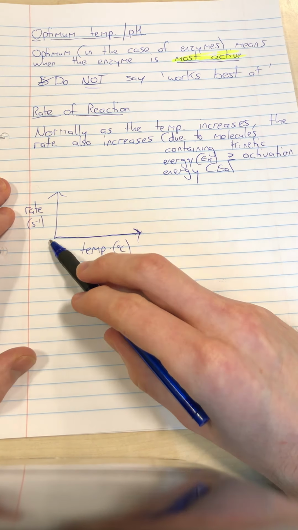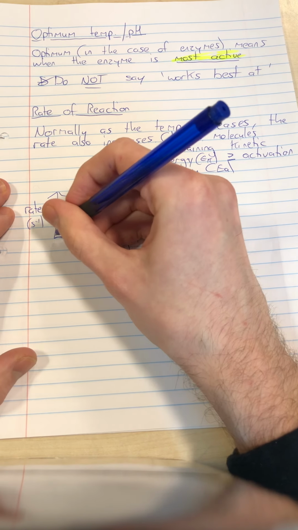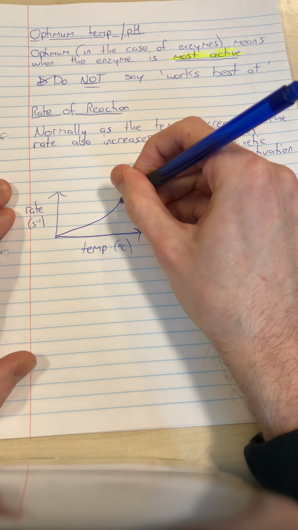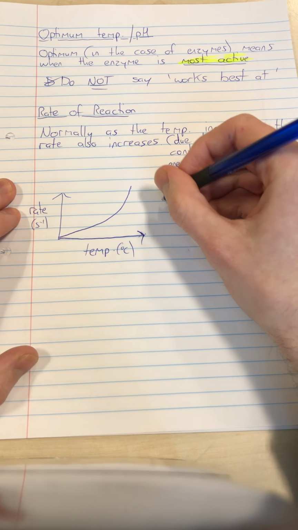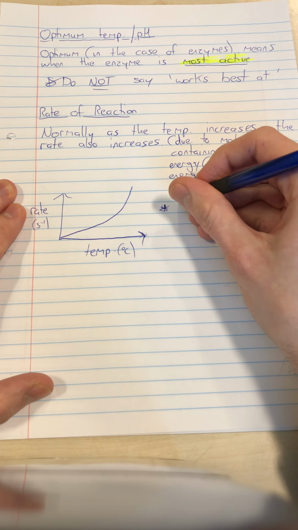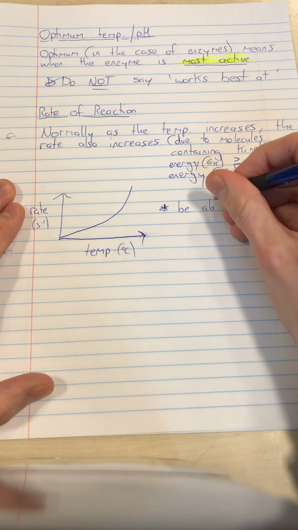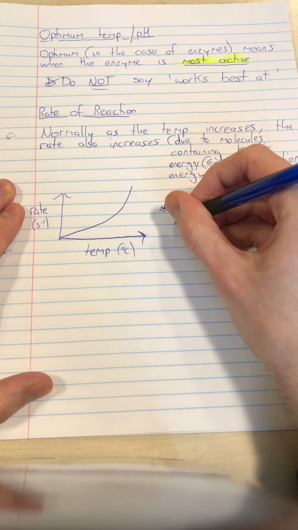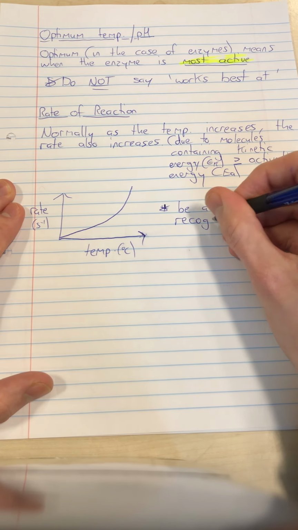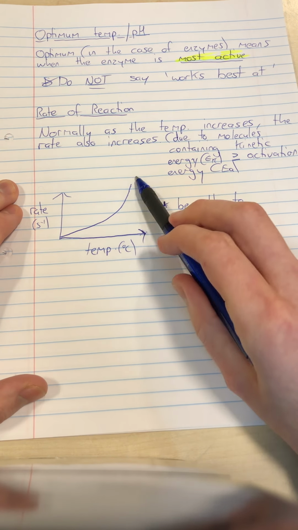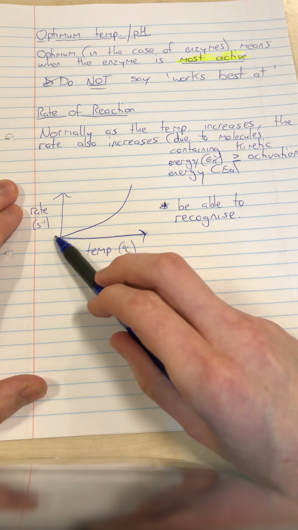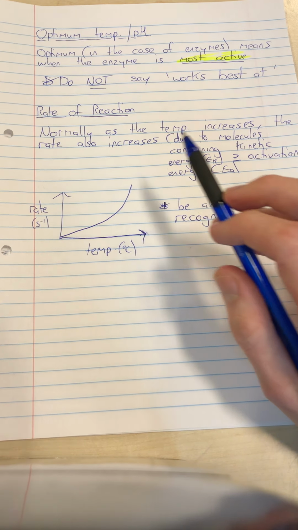As we increase the temperature, the rate should go up and it should look like that. You need to be able to recognise that graph, because it can come up, usually like a wee multiple choice question. It's exponential. It goes like that.